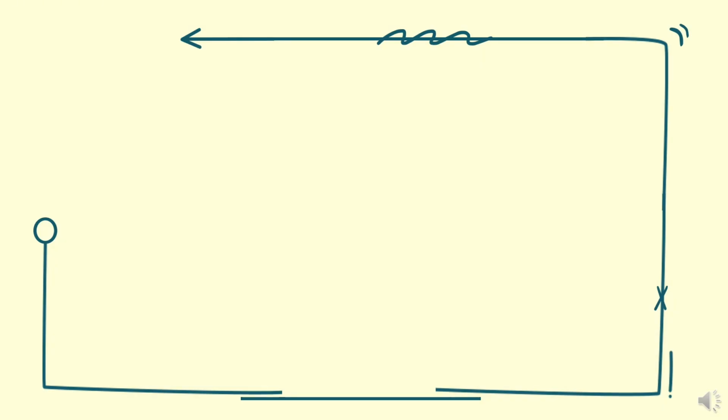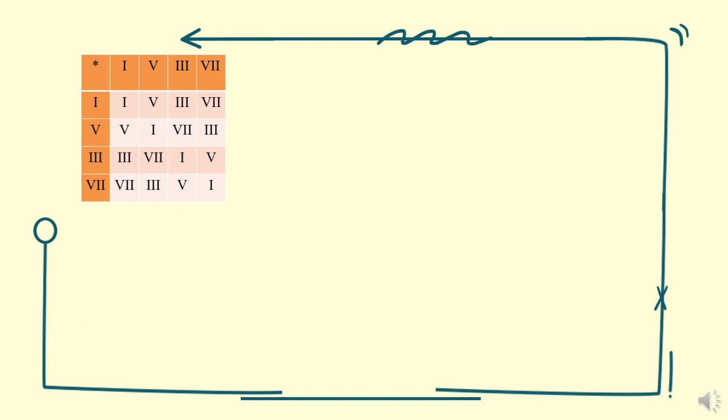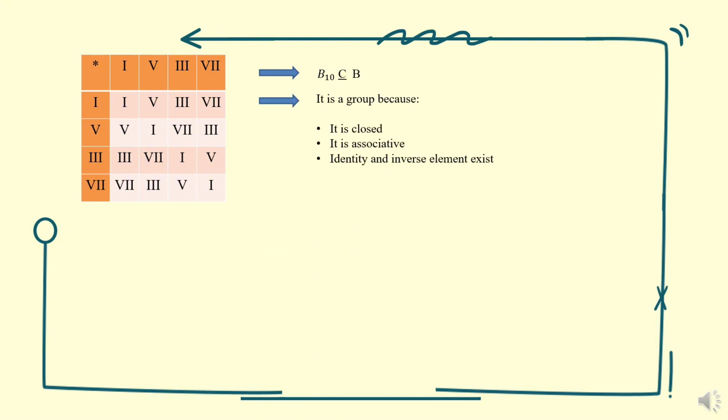So now let's have the set of 1, 5, 3, and 7, a proper subgroup under the binary operation star. So B10 is a proper subgroup of B. Yes, because the elements of this table come from table B. So this is a group because it is closed. Why?